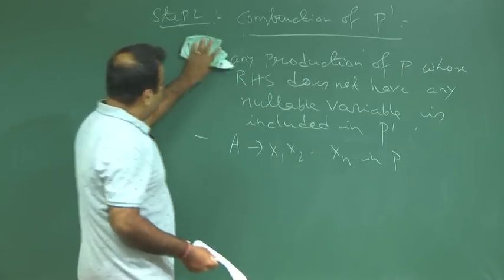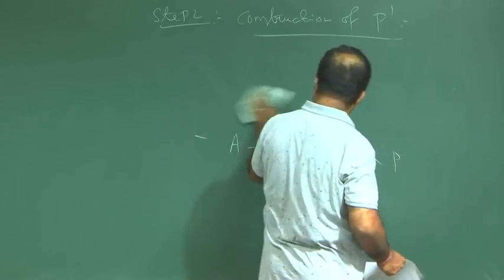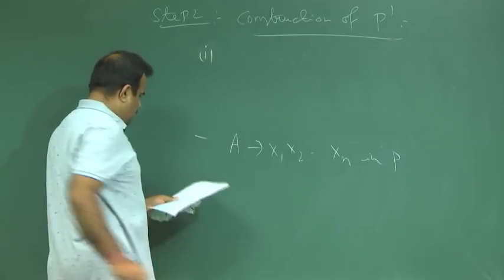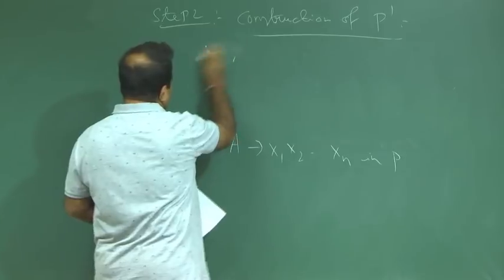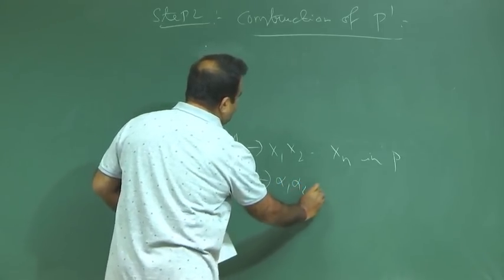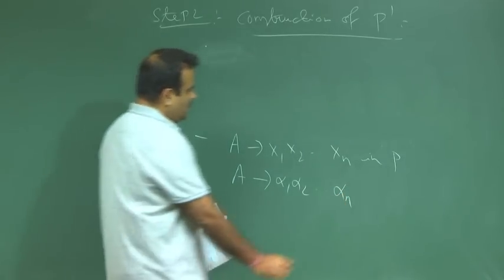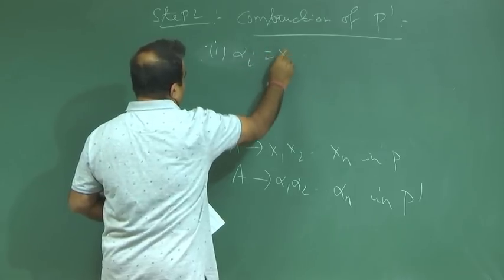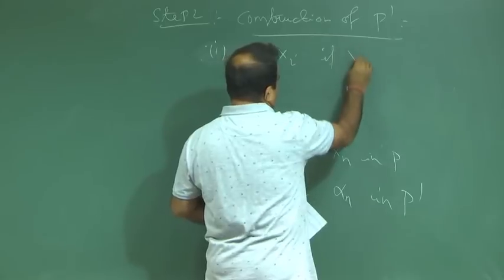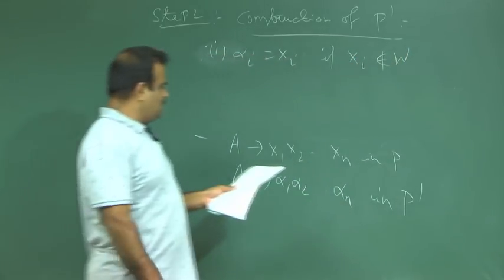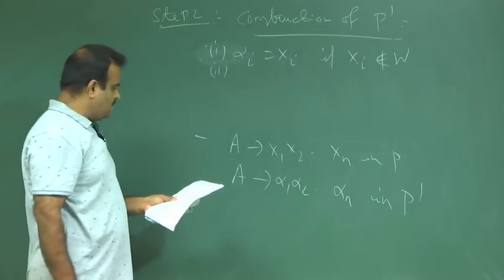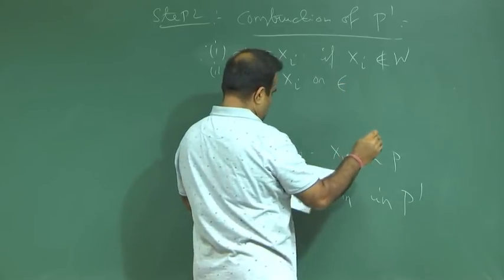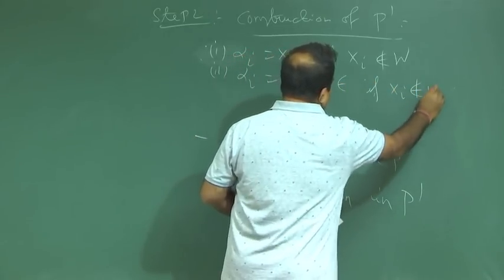Now, if a few of them are nullable, then we add productions A goes to alpha 1, alpha 2, up to alpha n in P prime, where alpha i equals x i if x i is not a nullable variable, and if x i is a nullable variable, we take x i and also the rule of erasing it, that is, epsilon, if x i belongs to W.